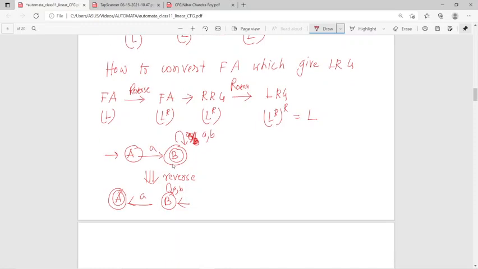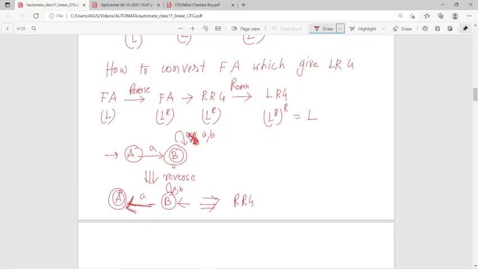So if we now write the corresponding right regular grammar for that, because the finite automata is reversed, that means the language is also reversed. That means it was starting with a, and now it will be ending with a. That is the difference.